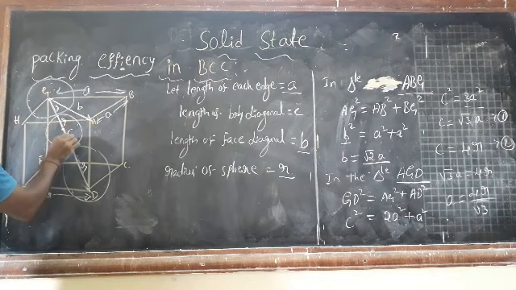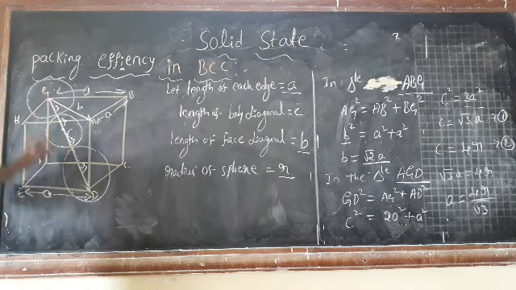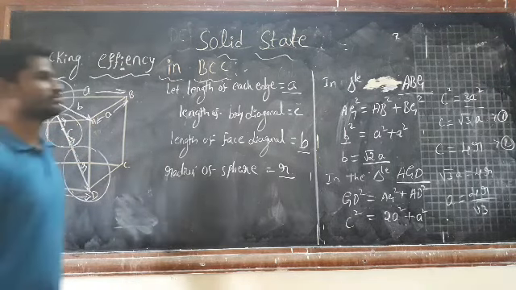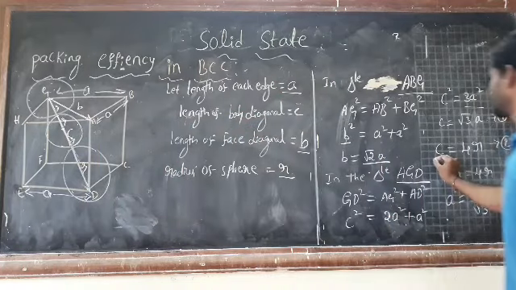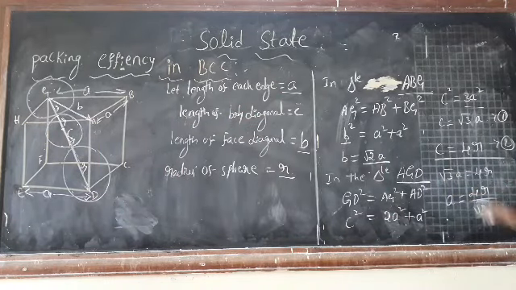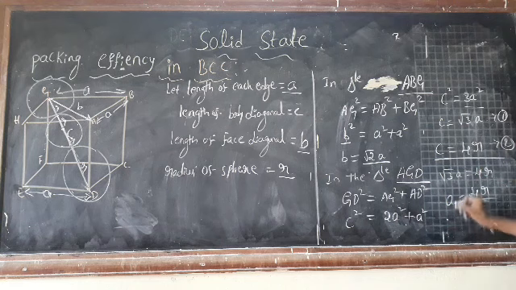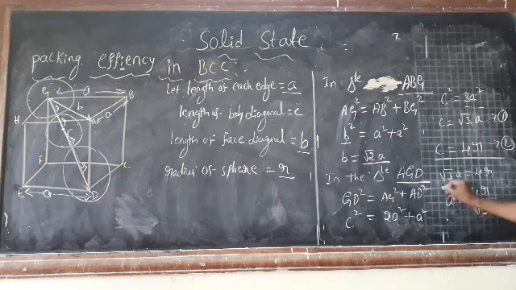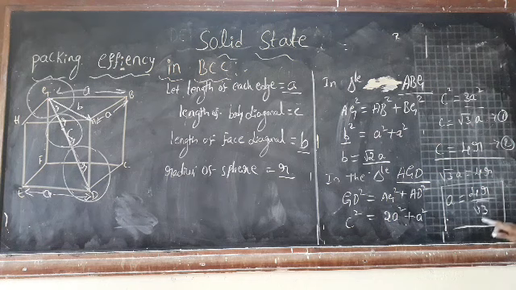That's why R plus R plus 2R, so the length of C is 4R. Comparing equation 1 and 2, both are C, so square root of 3 A is equal to 4R. We want only A, so A is equal to 4R divided by root 3. This gives the edge length of the BCC.